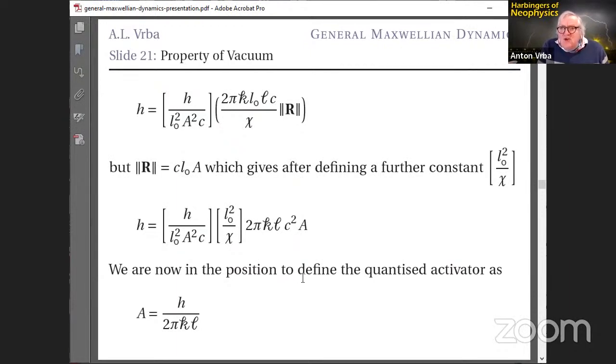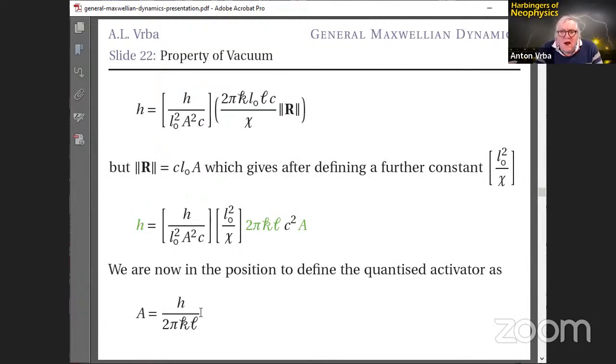We are now in a position to define a quantized activator as H over 2 pi K L, which is basically A. If you look here, we've got A there, H there, and then 2 pi K L, leaving the C. Okay, here it is explained.